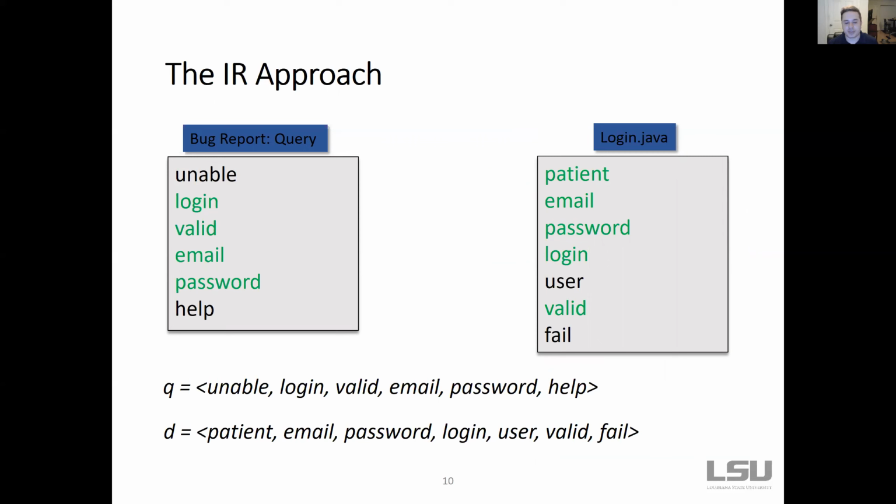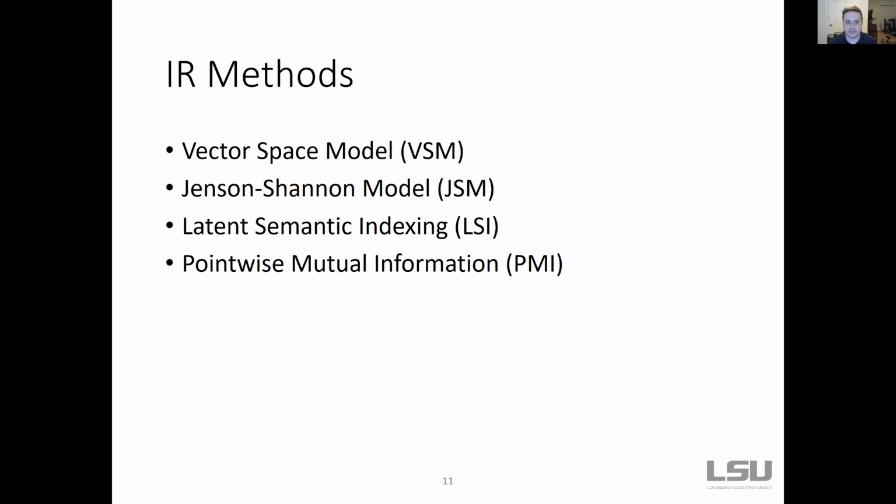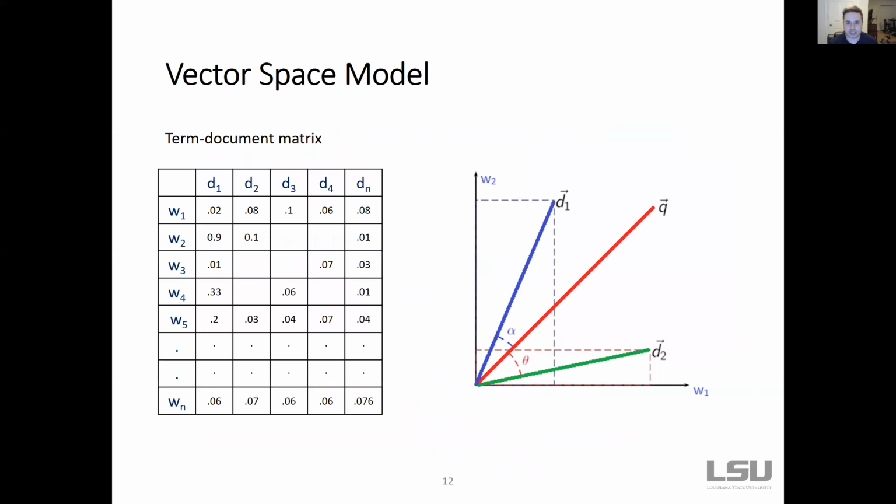Now, to match these two vectors, there are many different methods. We have the vector space model, the Jensen-Shannon model, latent semantic indexing, and pointwise mutual information. The vector space model is the most basic way to do vector matching. Basically, we establish a term-document matrix where each column is a document and each row is a word.